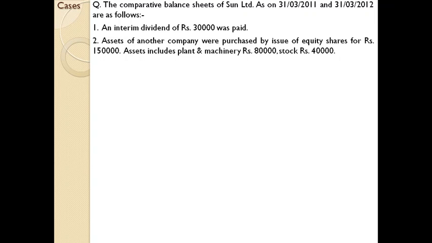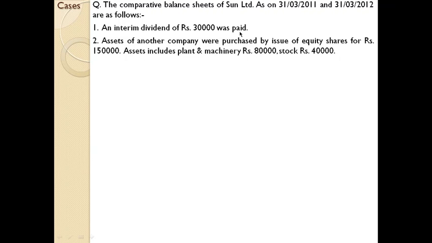For issuing the equity shares, the company has bought machines of rupees 80,000 and stock 40,000. So for buying this 80,000 and 40,000, they have given shares of rupees 1,50,000.